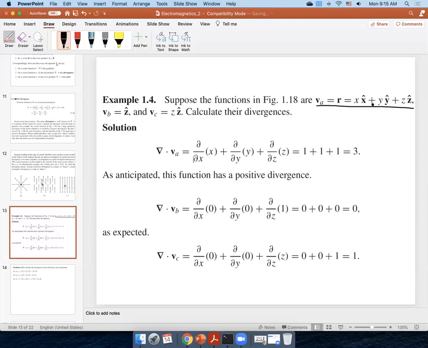It's just x plus y plus z in each direction. So partial x over partial x is 1, partial y over partial y is a 1, and for the z direction, it's a 1. So finally, it's 3, which means the divergence is 3. Similarly, for those two functions, you can calculate the divergence.